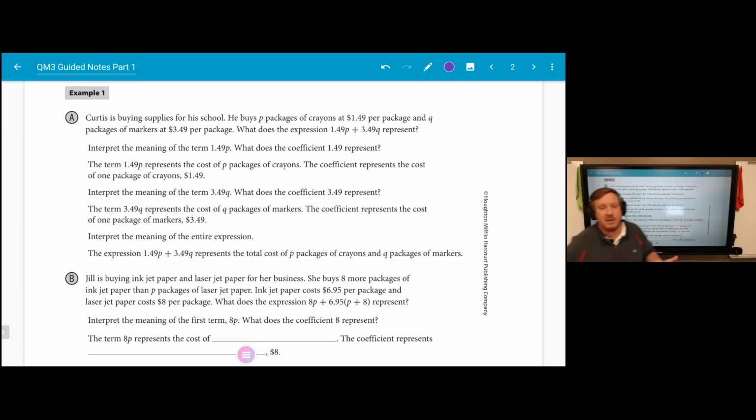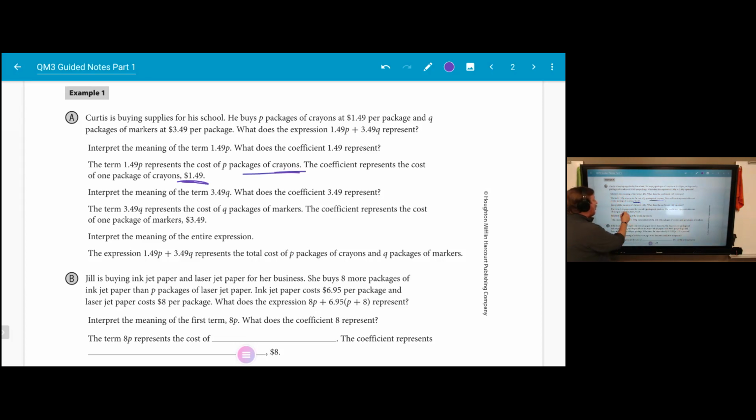What does that coefficient mean? The coefficient represents the cost of a package of crayons. If I buy 6 packages of crayons, it'd be $1.49 times 6. But we don't know how many we're going to buy, so we just use a general variable, and in this case, we're calling it P. So 1.49p is the total cost of crayons.